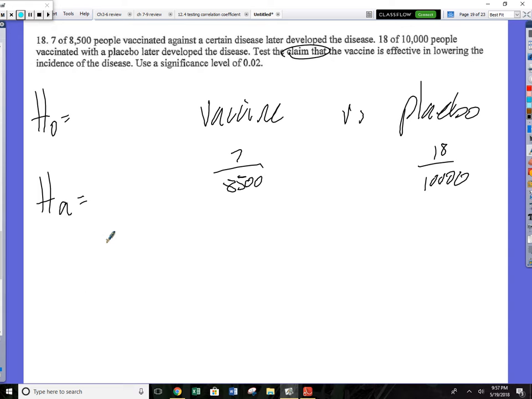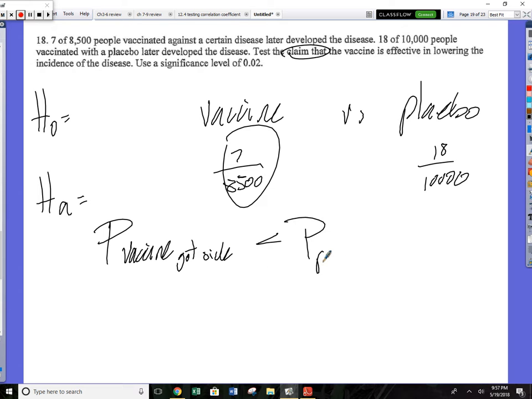So here we go. Now, the Ha is this: the proportion, the percent of the vaccine group who have the disease, got sick, is less than the proportion of the placebo group who got sick.